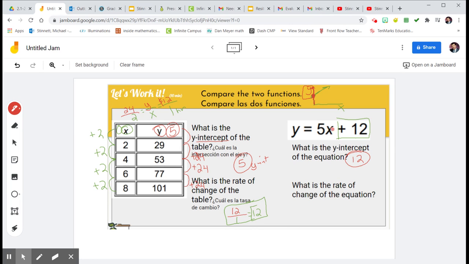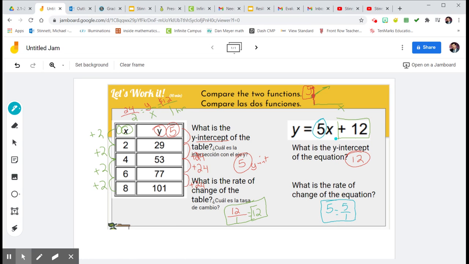Okay. And then our rate of change is just the other number in the equation. It's this guy. It's right there. It's always going to be with the x. It's always connected to the x. Okay. And so it's just 5. And you could write it as 5. You could write it as 5 over 1. Right? Those are the same thing. But that is your rate of change for this equation.